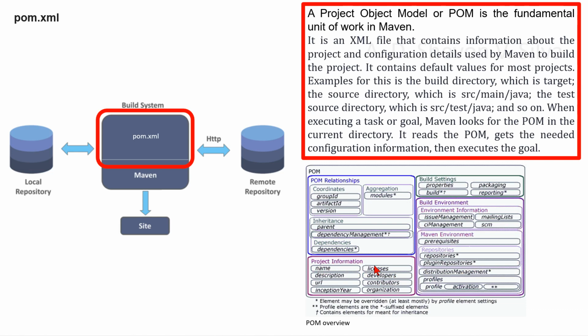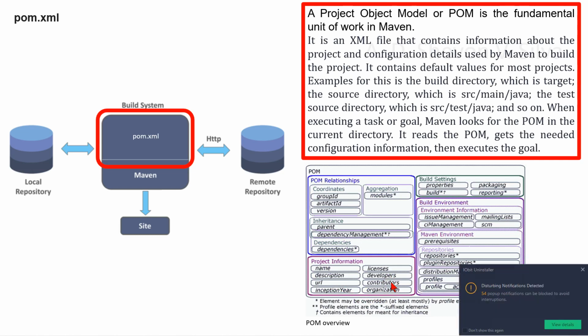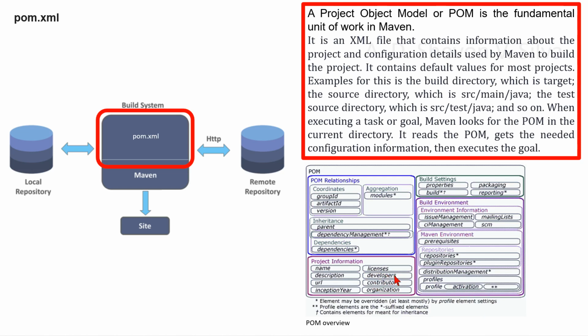This includes a project name, the URL for a project, the sponsoring organization, a list of developers and contributors, along with the license for a project.